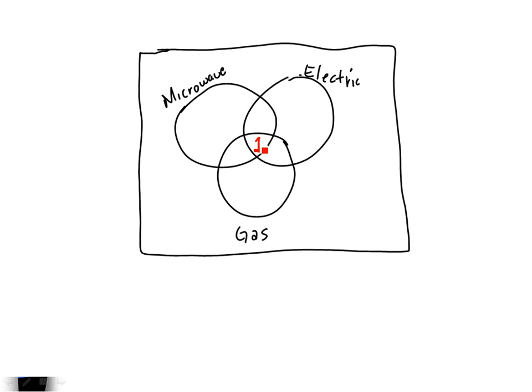So the next thing is 4 use both gas and electric ranges. When you see the word and, it represents the intersection. So for gas and electric ranges, the intersection of gas and electric is this region here.